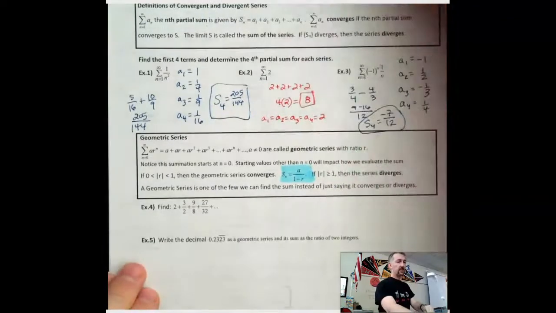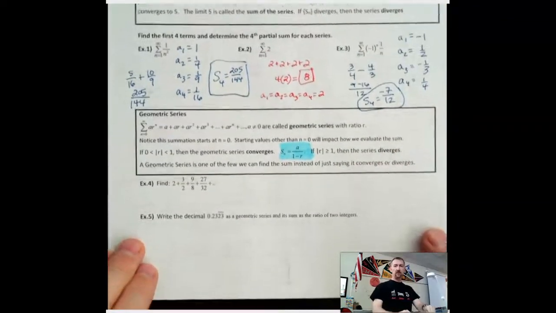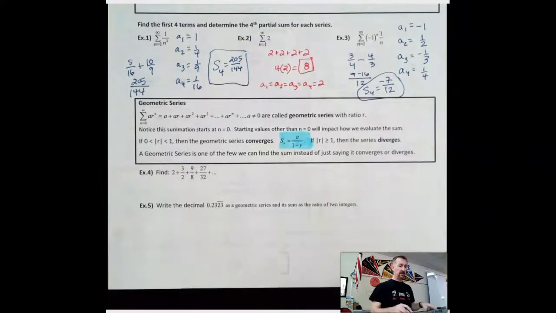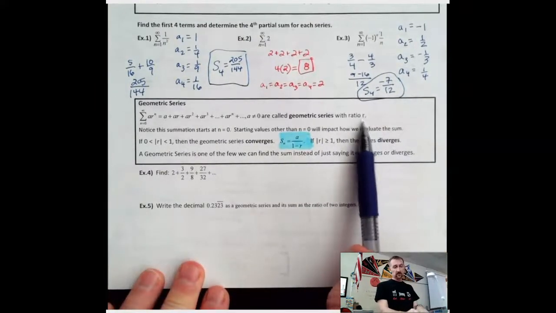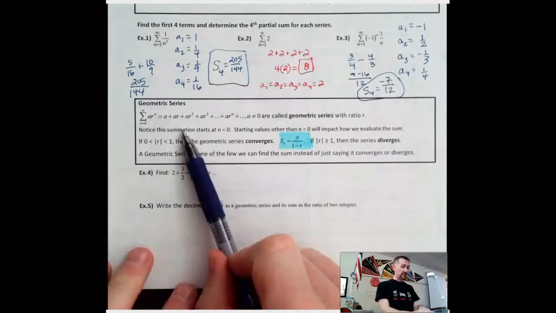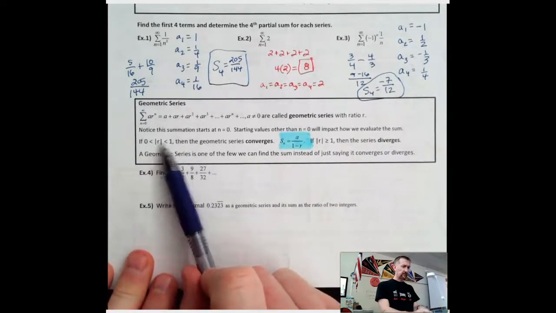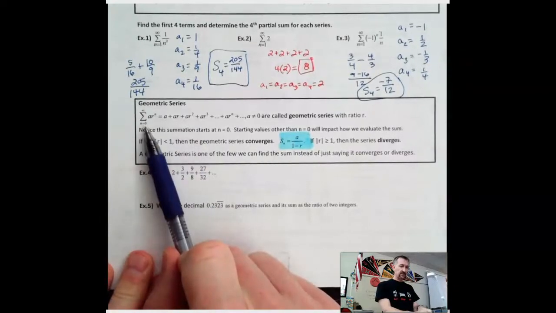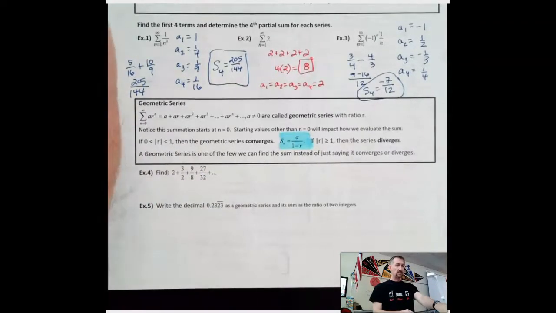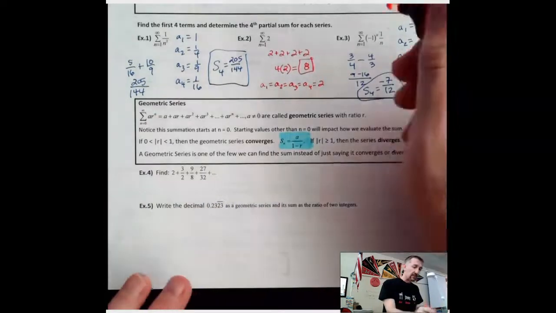Okay, so geometric series is when we multiply by the same number, a common ratio, over and over and over again. Usually call that a common ratio, the places I've seen it. So notice that this summation starts at 0. Summations can start at different numbers. Thinking about changing one of these for next year.